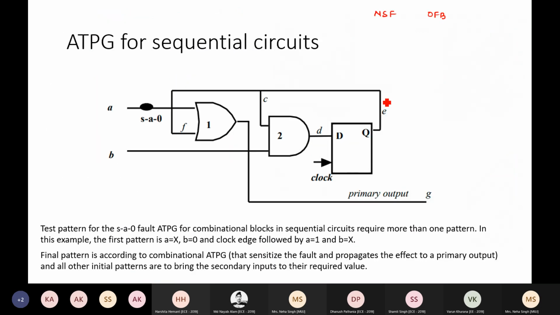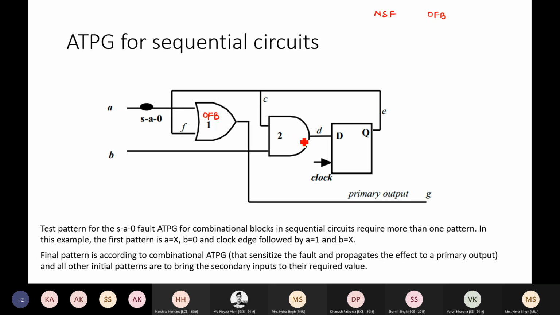So compare here. The output of this OR gate is directly observable here as primary output G, right? It means this OR gate works as an OFB, output function block, right? This is the block which is giving me a primary output.